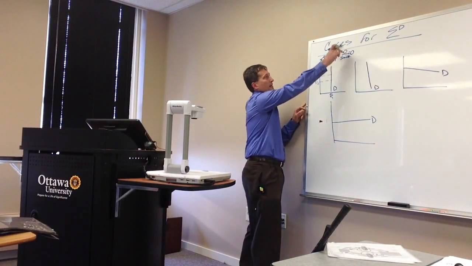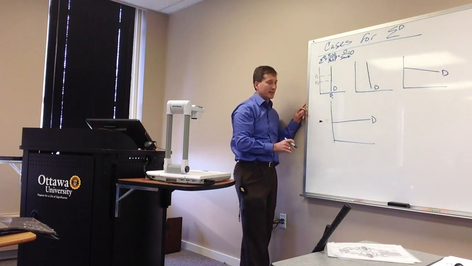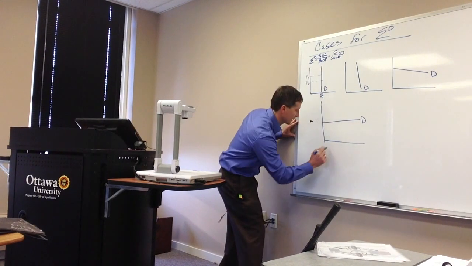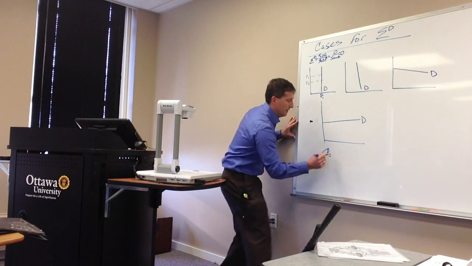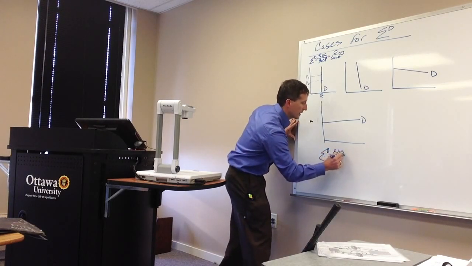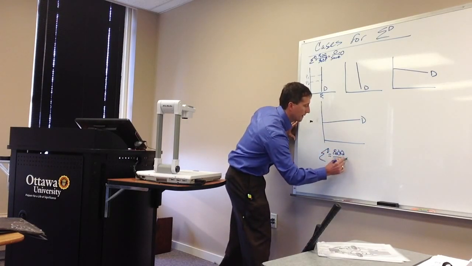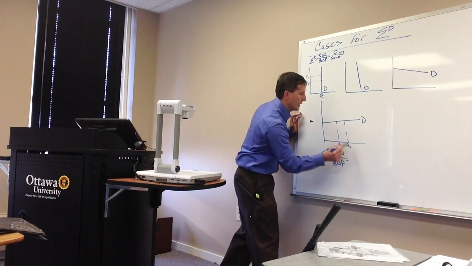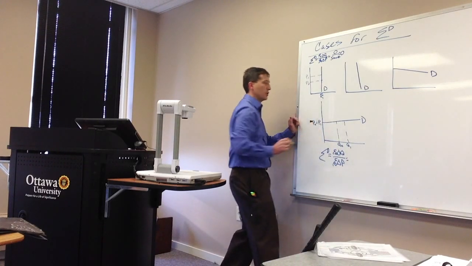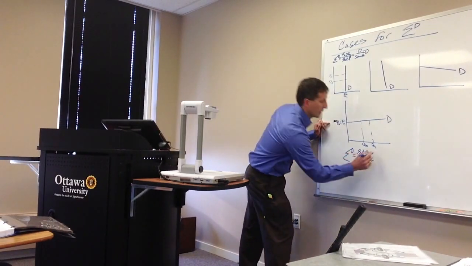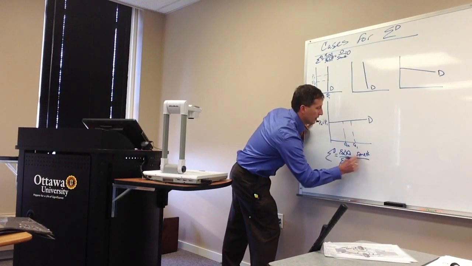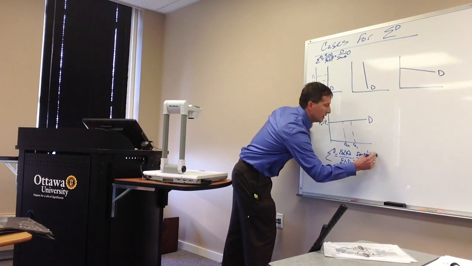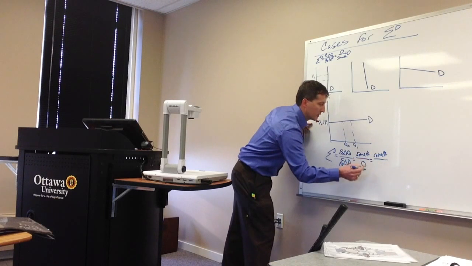This one would have the 0 on the bottom, which we can't do, but we can divide by something infinitely close to 0. For this case, we'd have some number for quantity, but no change in price. So we'd have some number divided by 0, which we can't do. But we can get as close to 0 as we want.